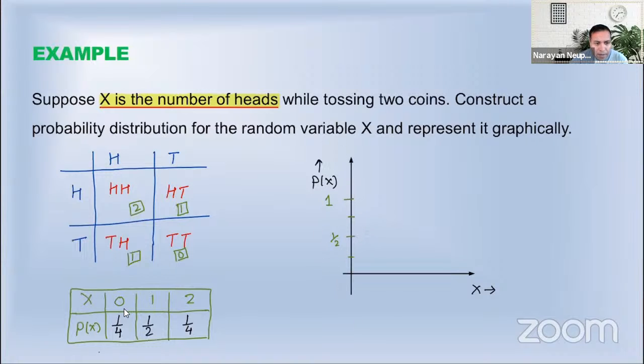Now, if you look at the random variable, we have the values 0, 1, and 2, and you are going to put those along the x-axis. You can start anywhere, so I'm going to put 0 here, then 1 here, then 2 there.